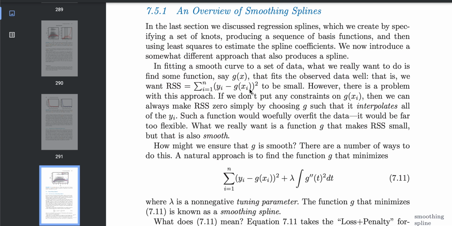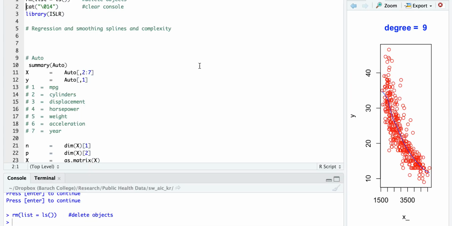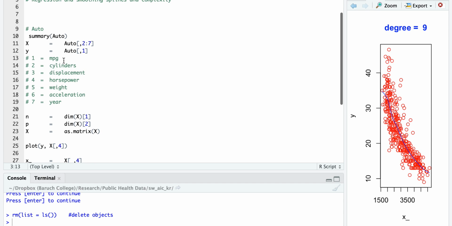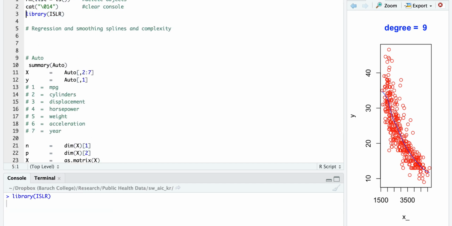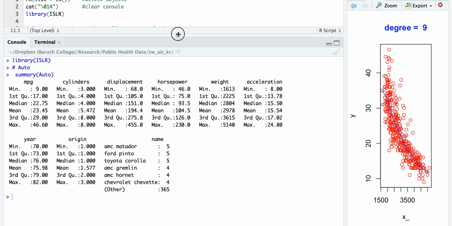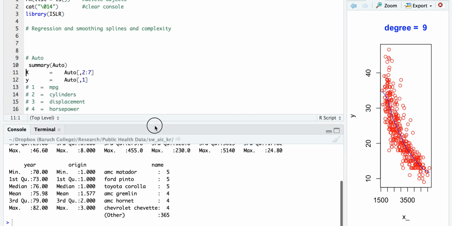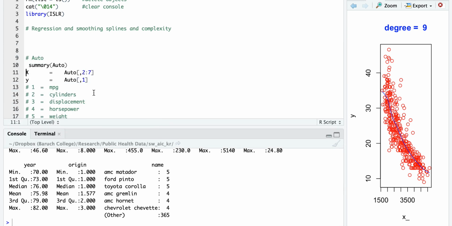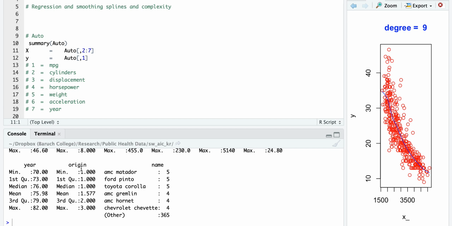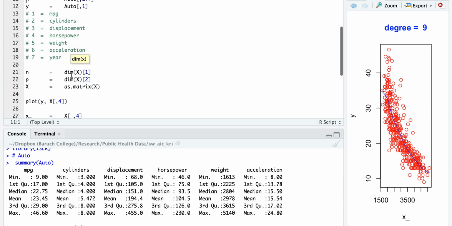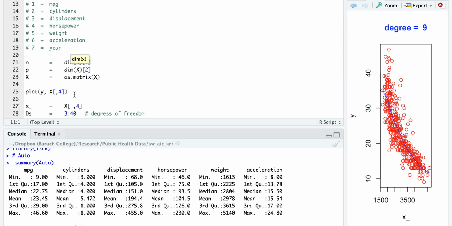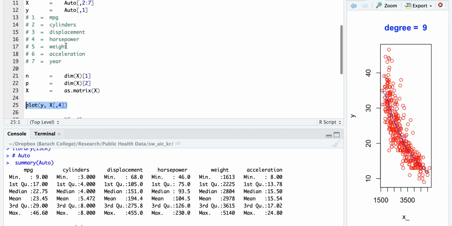For example, this is the car example from the ISLR library, and this is a summary of the data: miles per gallon, cylinders, displacement, horsepower, weight, acceleration, year, origin, name, etc. We are looking at the response, for us Y is miles per gallon, and then we take the fourth column, which is horsepower, as our predictor.